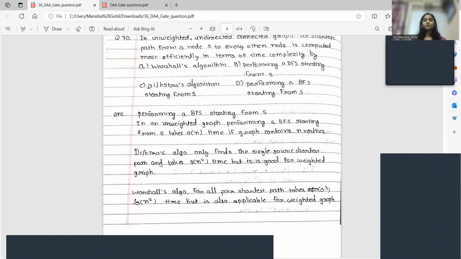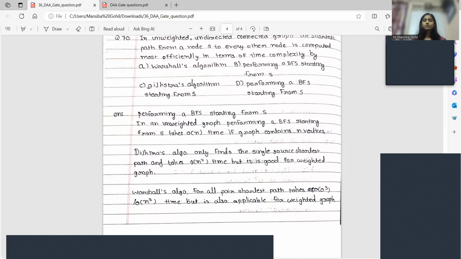Dijkstra's algorithm, if I'm not pronouncing it wrong, only finds the single source shortest path, which again takes more than the BFS, which is of n raised to 2.